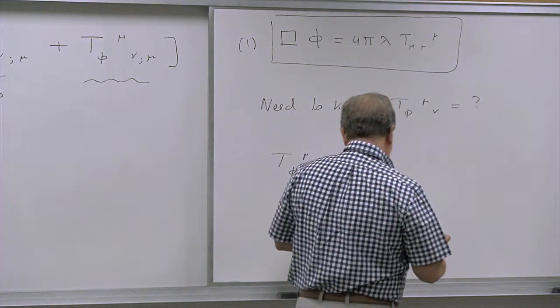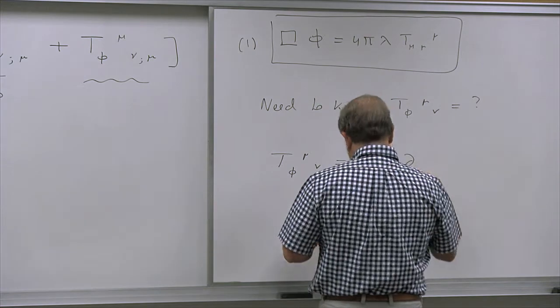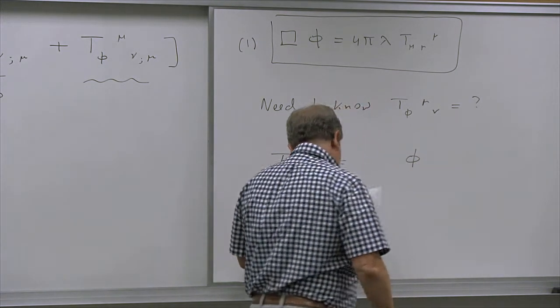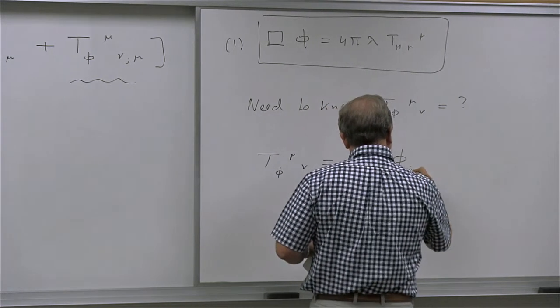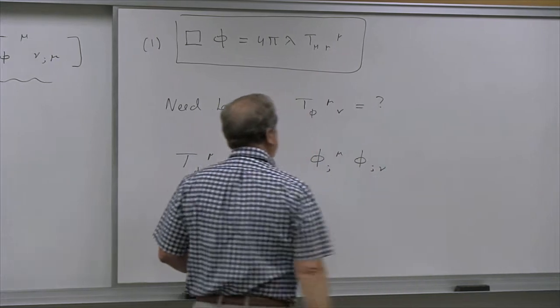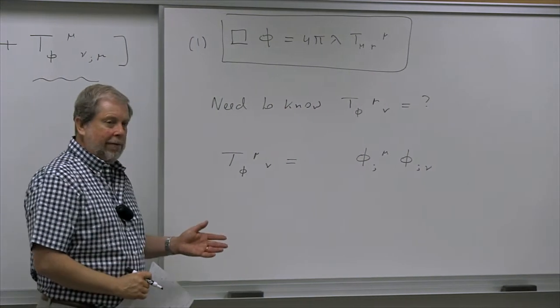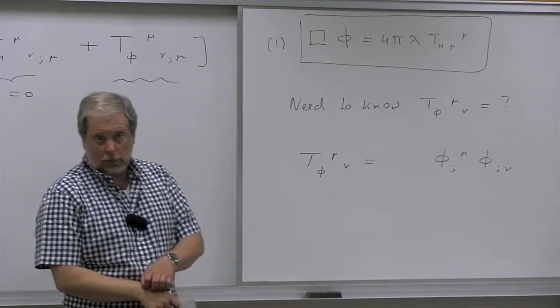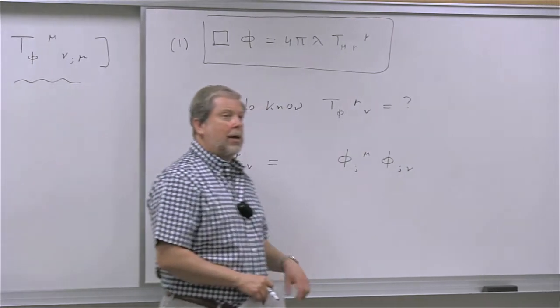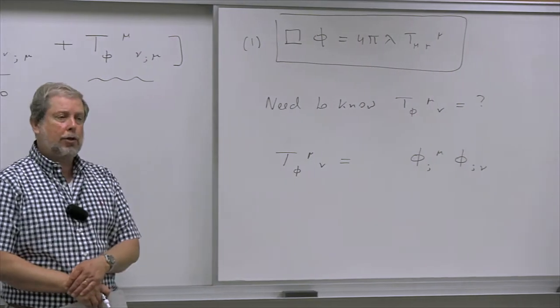So by the rules of constructing tensors, the first thing that we can have is the derivative of φ semicolon μ and semicolon ν. Right? So you take a derivative of φ, you take a second derivative of φ, you do the derivatives the right way, and with one index up and one index down, and this is a legitimate combination.